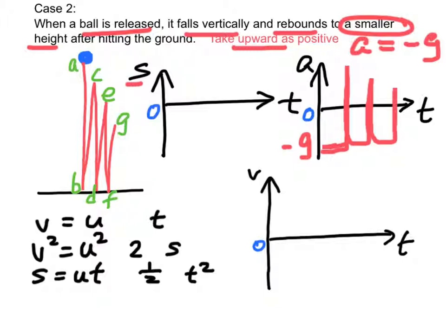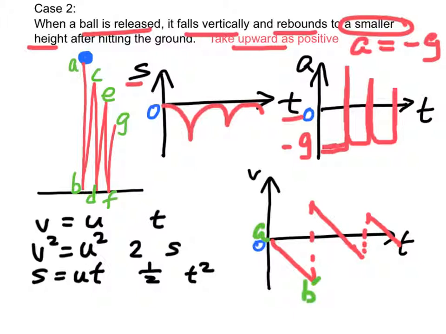And the s-t graph will look like this, and the corresponding v-t graph will be this. The positions of the ball are A, B, C, D, E, F.